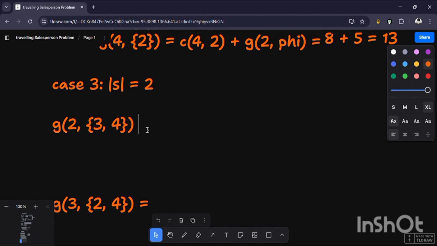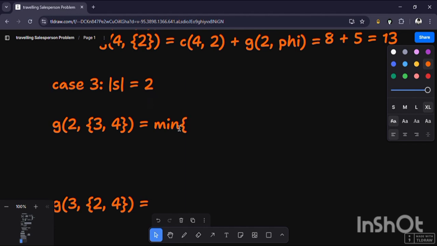Okay, so what will be the value of this one? The value of this one will be the minimum of, there are two paths, right? From 3 there will be one path, and from 4 there will be one path. So I have to calculate the minimum of these two paths. Let me write here.